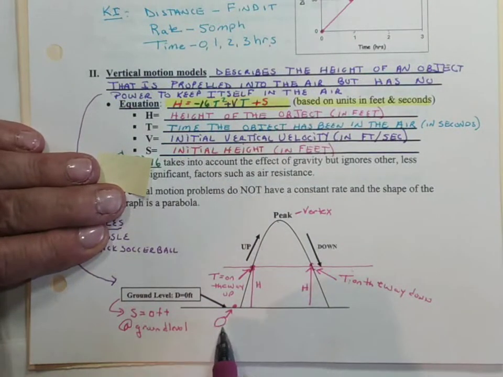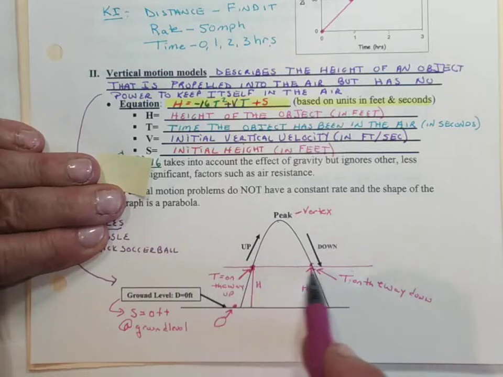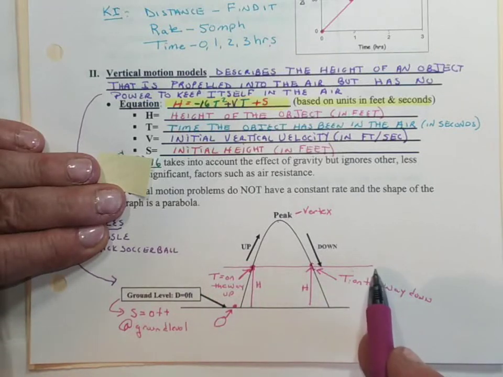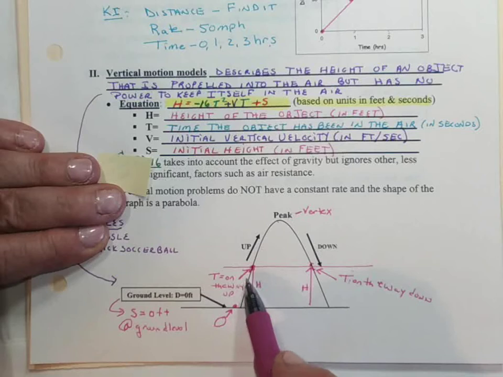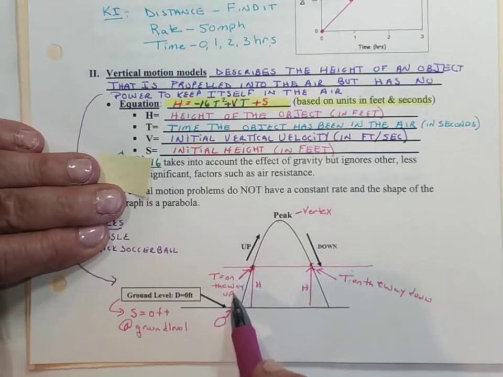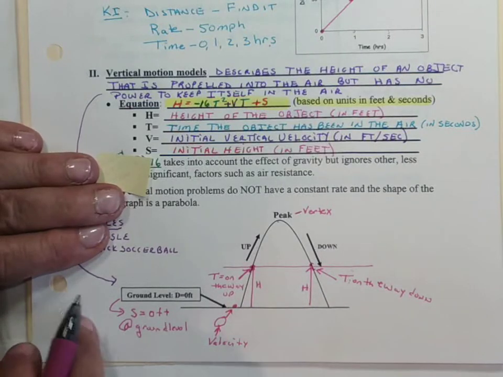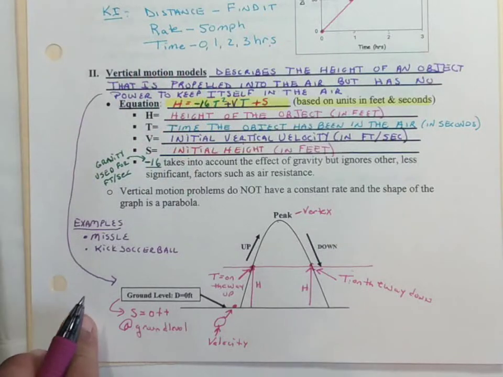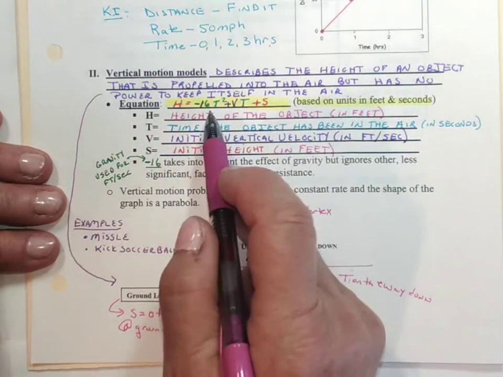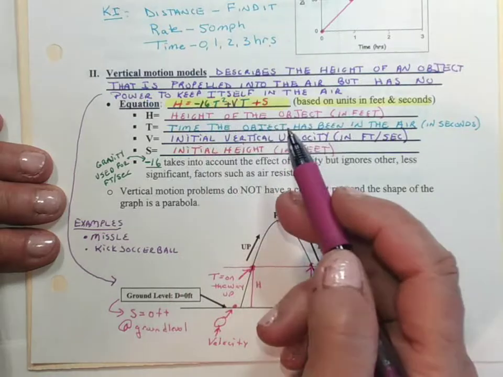So we have the height here of our object, the missile. And then we have two possible times. Here is the velocity for the initial velocity. And then we have to have a factor that takes into account gravity.